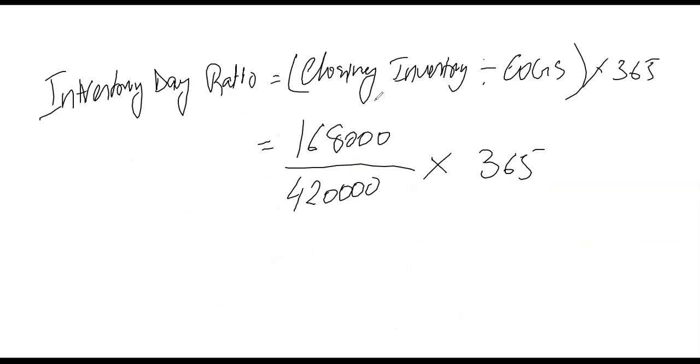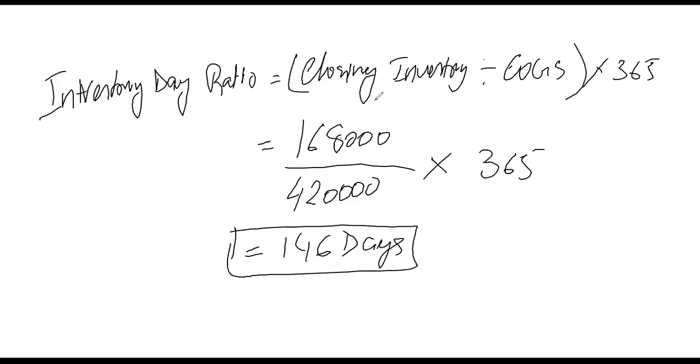So in order to comprehend my answer, I'll be dividing 1,68,000, that is my closing inventory, whole divided by 4,20,000, that is the COGS, multiplied by 365. It gives me an answer of 146 days.